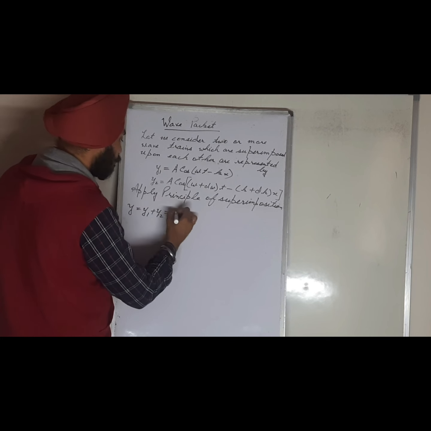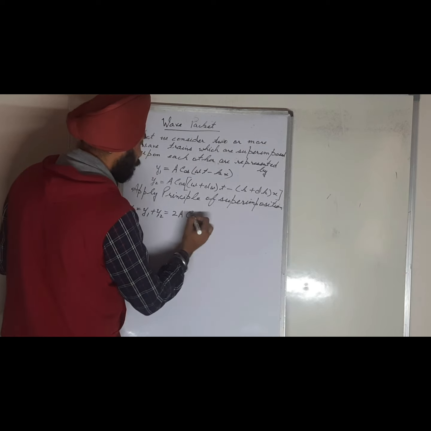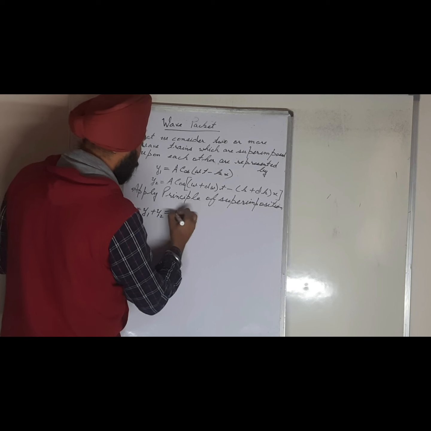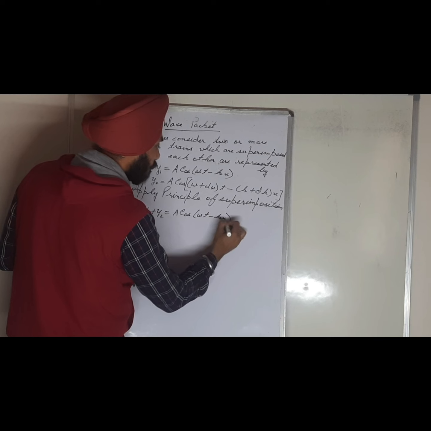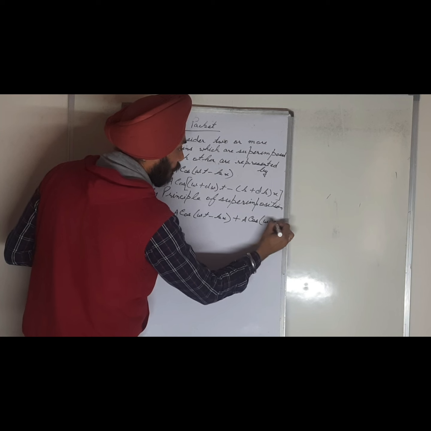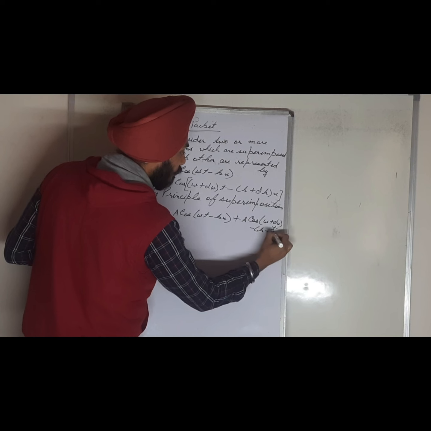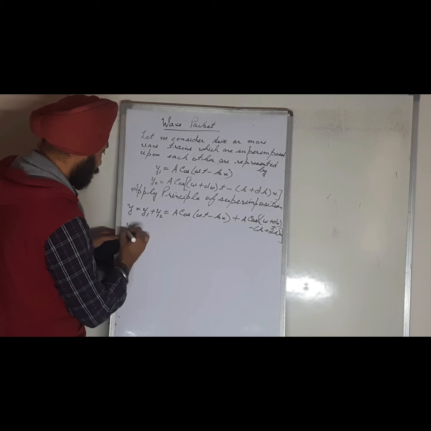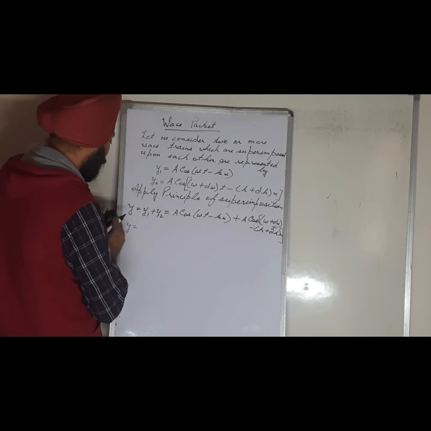So I just add these two: a cos(omega t minus kx) plus a cos((omega plus d omega) into t minus (k plus dk) into x), right? Now I apply the CD formula.